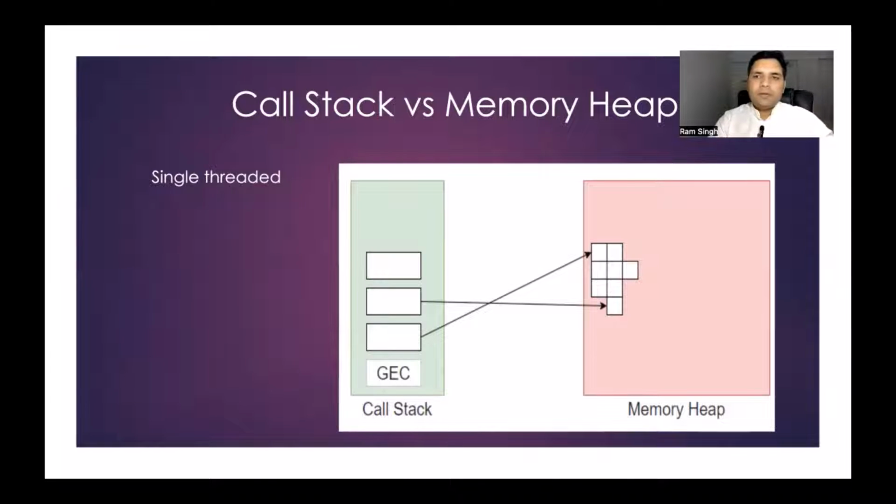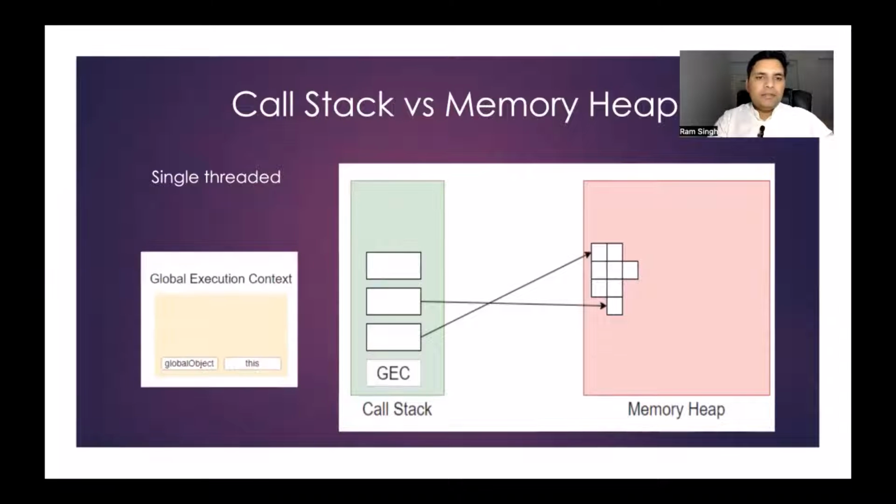This GEC is the global execution context, where we have two main objects: the global object, which is actually global this, and the second object, this. These two objects are mainly responsible for providing the first level of context for your whole file.